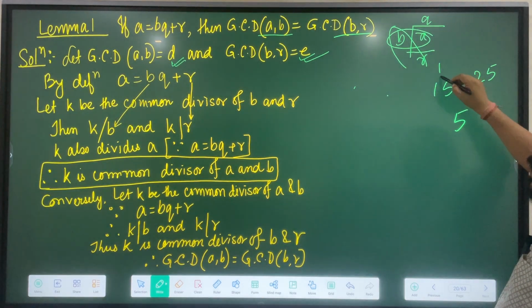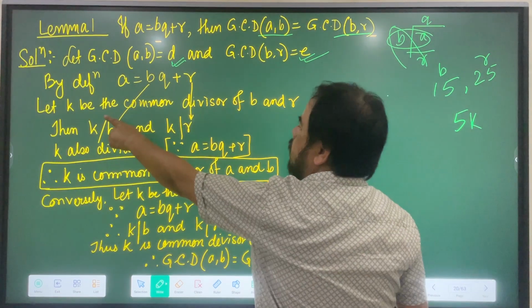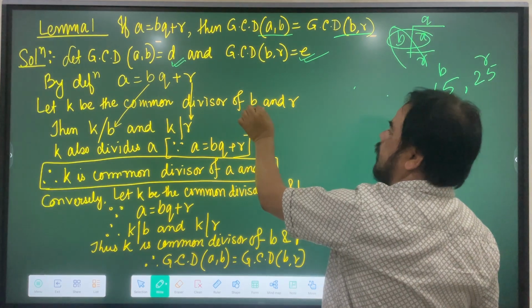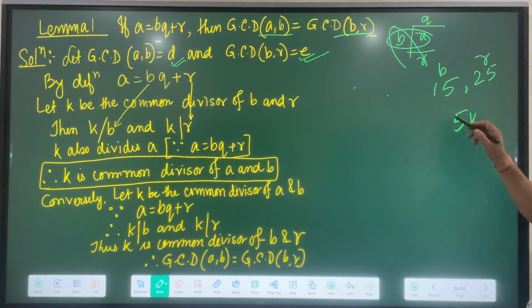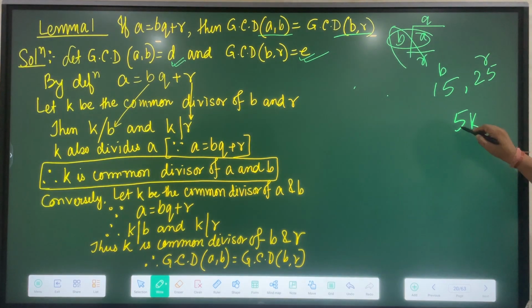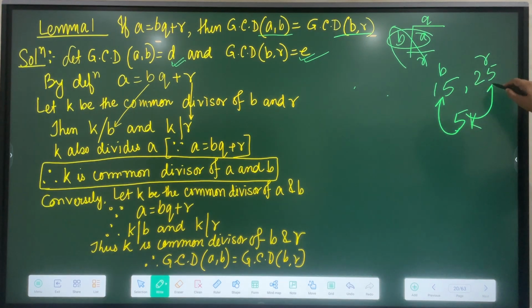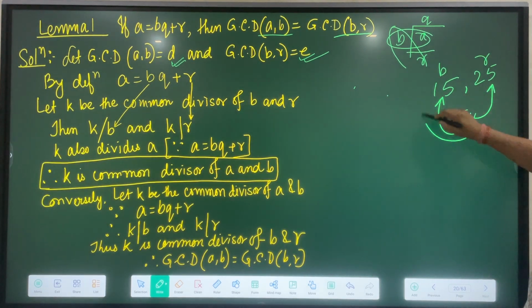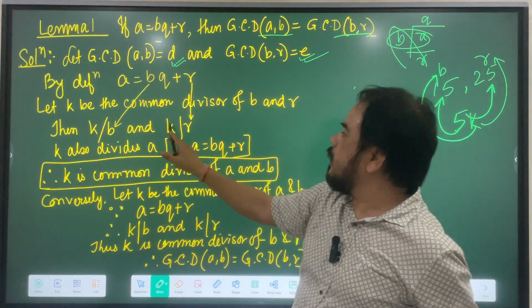Like that, for B and R, the common divisor is taken as K. So K divides B and K divides R.